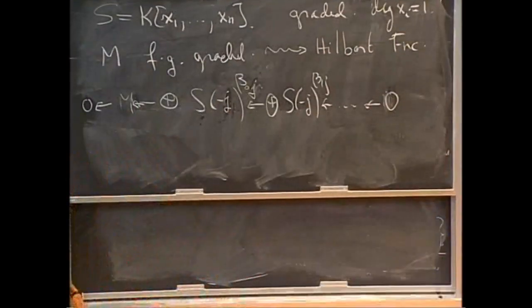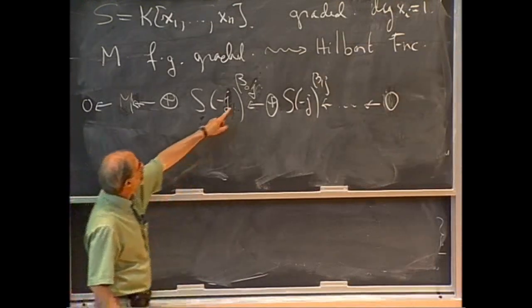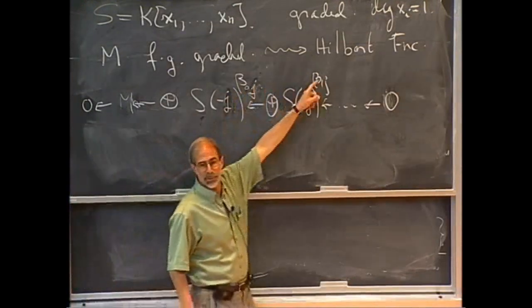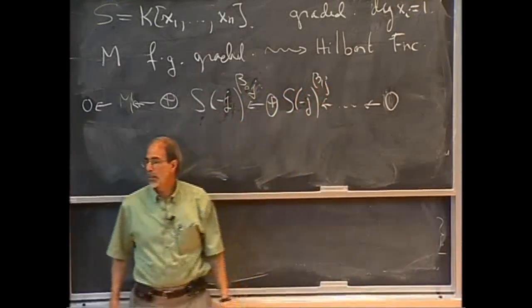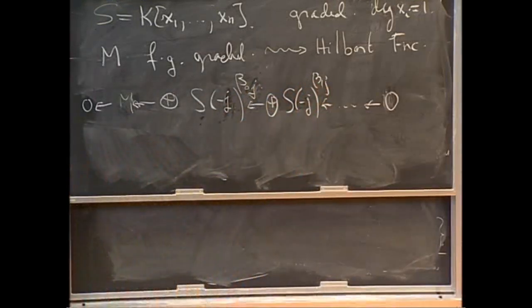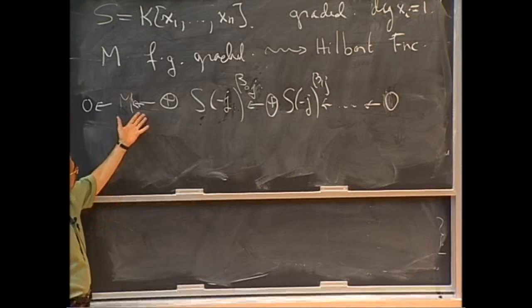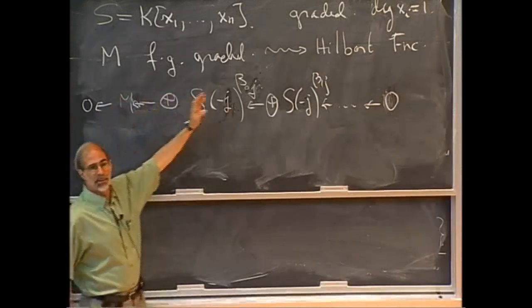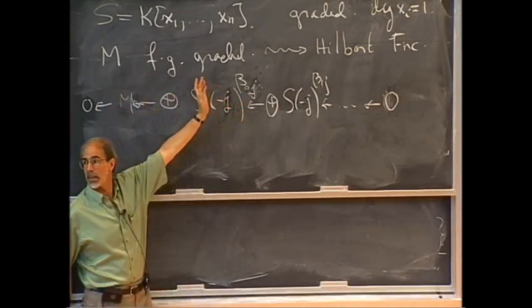Now, there's actually a much finer invariant hiding there, which I think you heard about last night, probably knew about before anyway, which is these beta ij's themselves. So this I'll call the Betti table of M. And of course, to make it an invariant, I'd need to have something unique. Free resolutions, as I've stated them, are not unique.